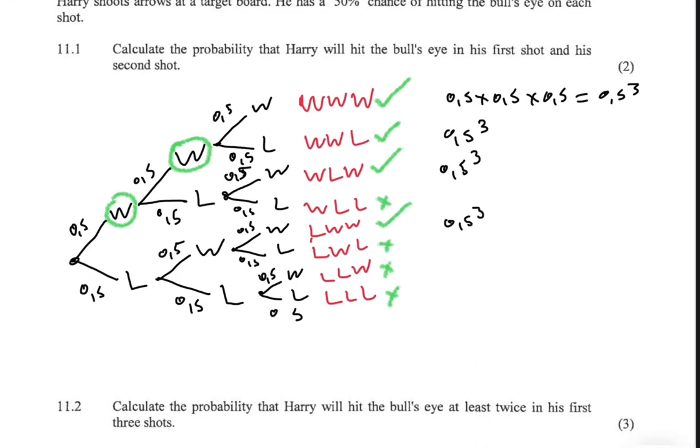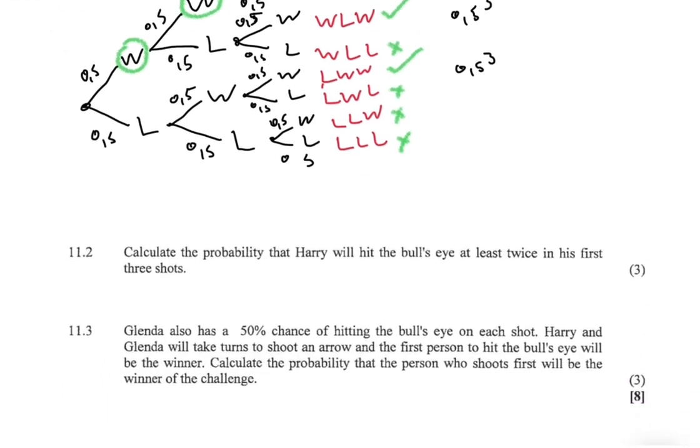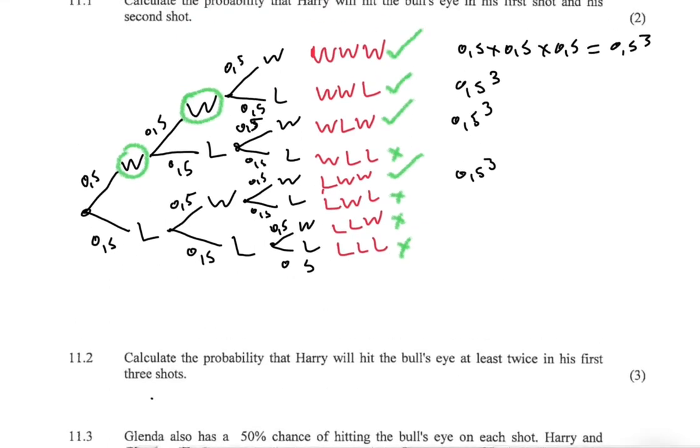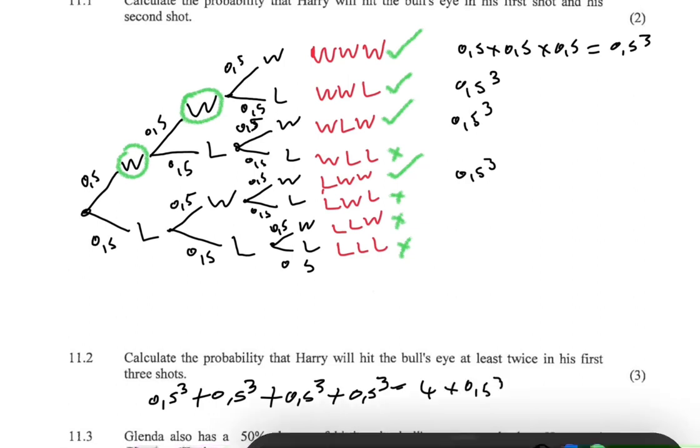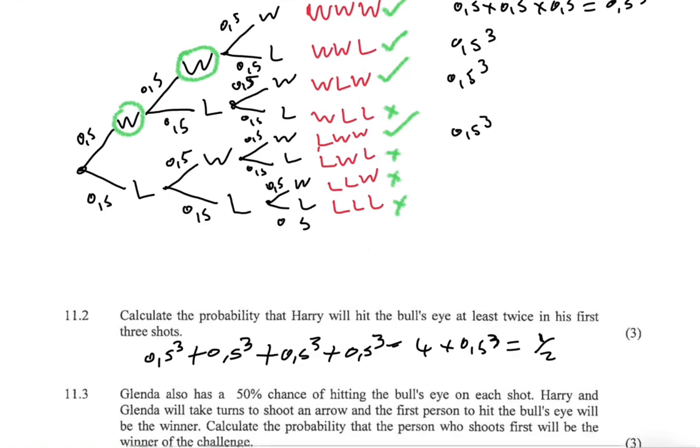So now we have to add these 4 0,5 cubed terms: 0,5³ plus 0,5³ plus 0,5³ plus 0,5³, which is equal to 4 multiplied by 0,5³, which is equal to half.